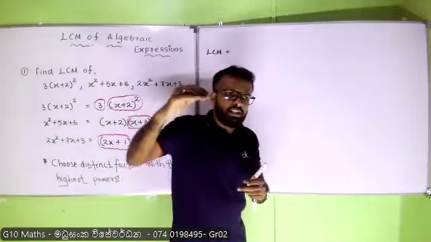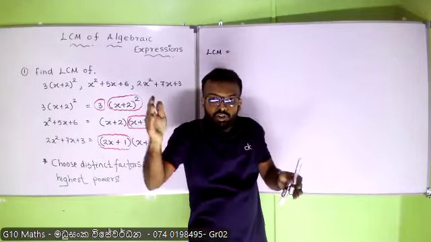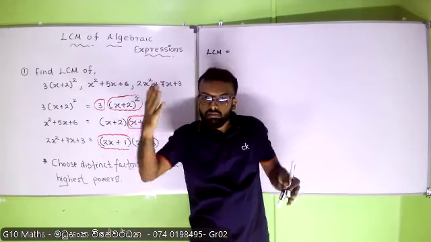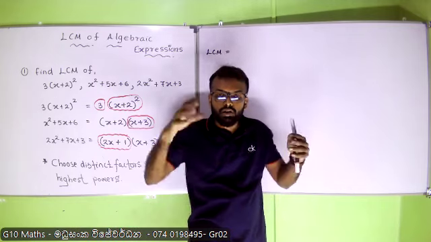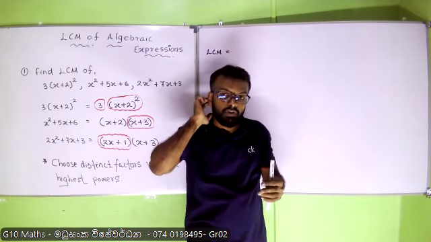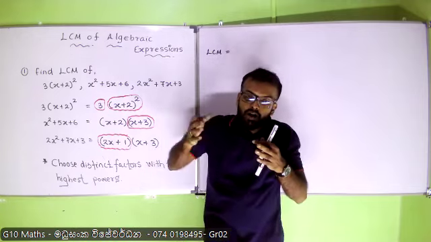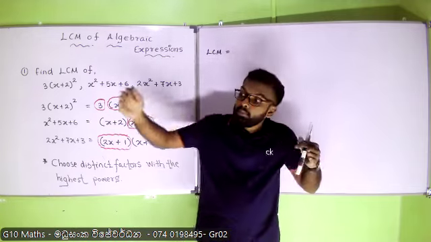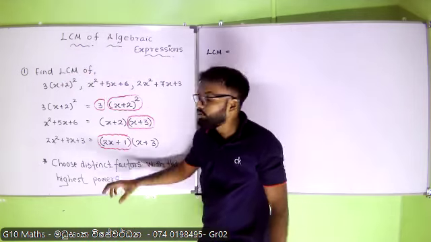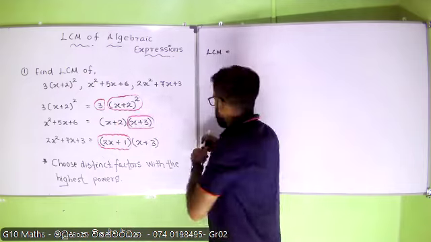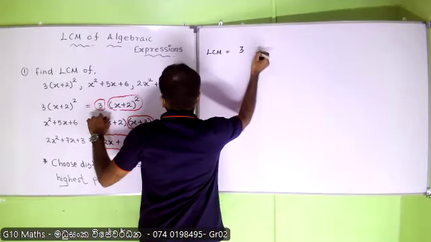Normally if you are getting the LCM of numbers, you are going to divide by using 2 and 2 and 3 and 5. After that, how you are going to obtain the LCM is you are going to multiply everything together. So same thing you are going to do here. 3 multiplied by this. Here we have the distinct factor 3.